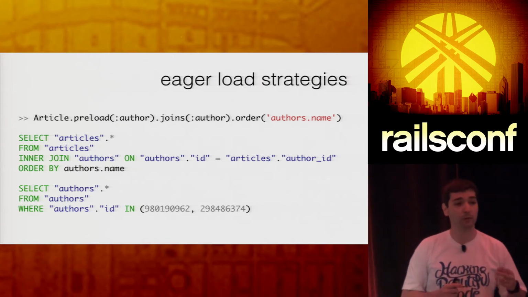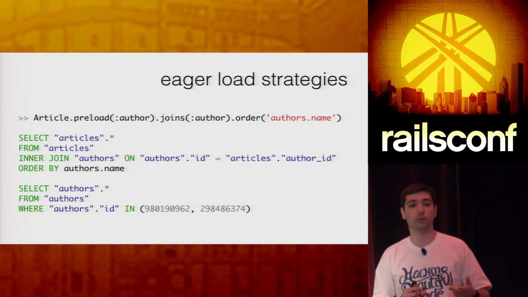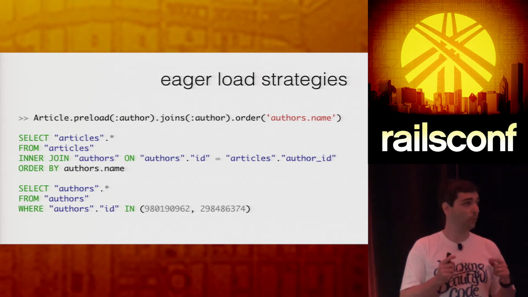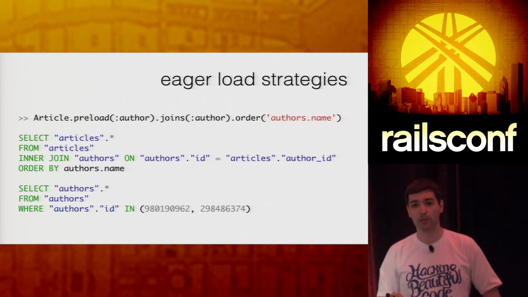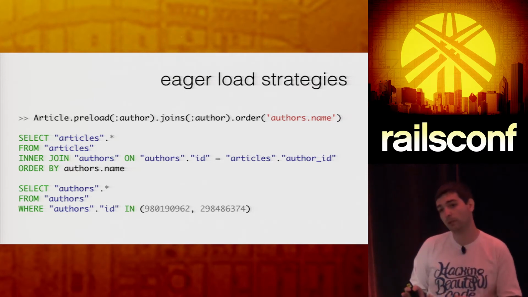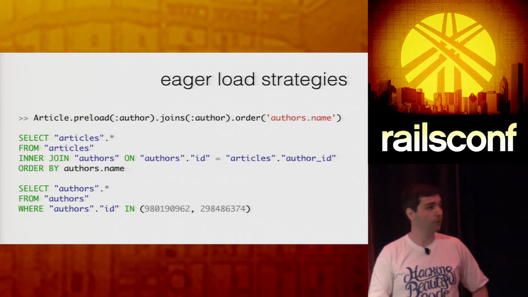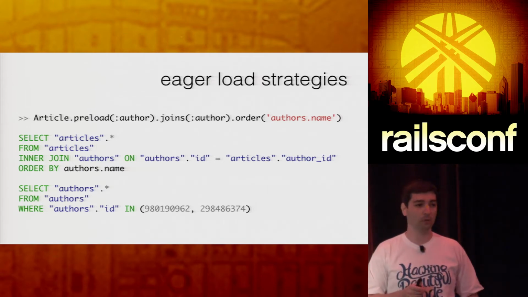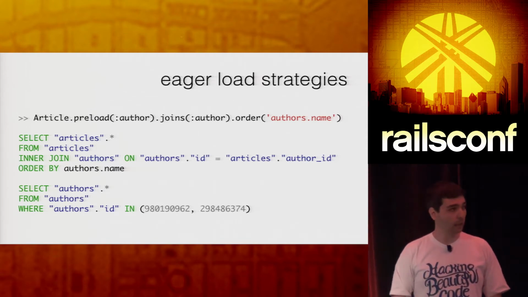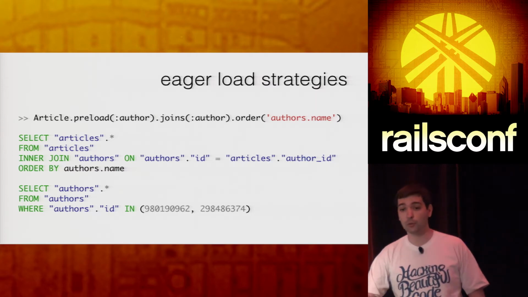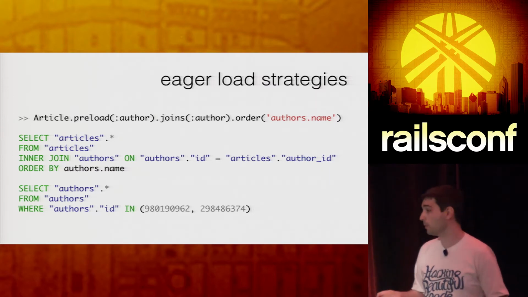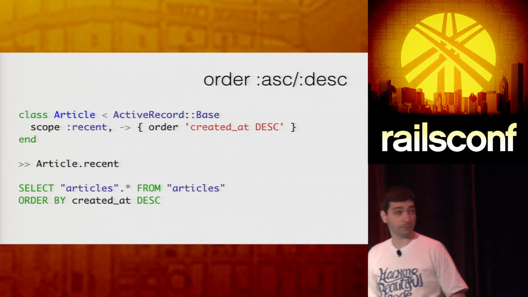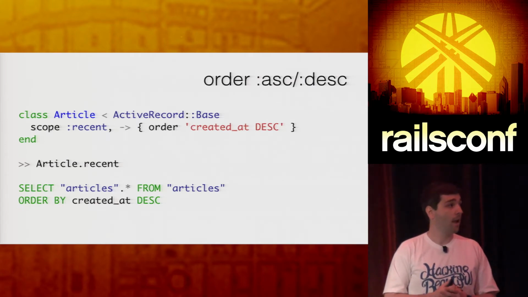I'm forcing Rails to do the other query to load the authors. So I can choose which is better depending on my situation, depending on the performance I'm looking at and what I'm going to do, right? So knowing the difference between eager_load and preload, and telling Rails what's better, is better for the performance of your application, right?